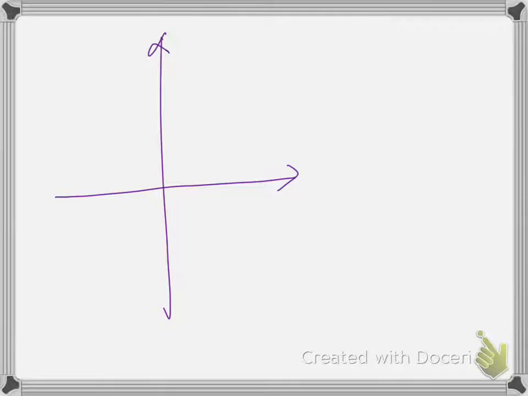So for any point in the xy plane, we can make a right triangle, right? So imagine this is the terminal side of the angle, and this point x comma y.